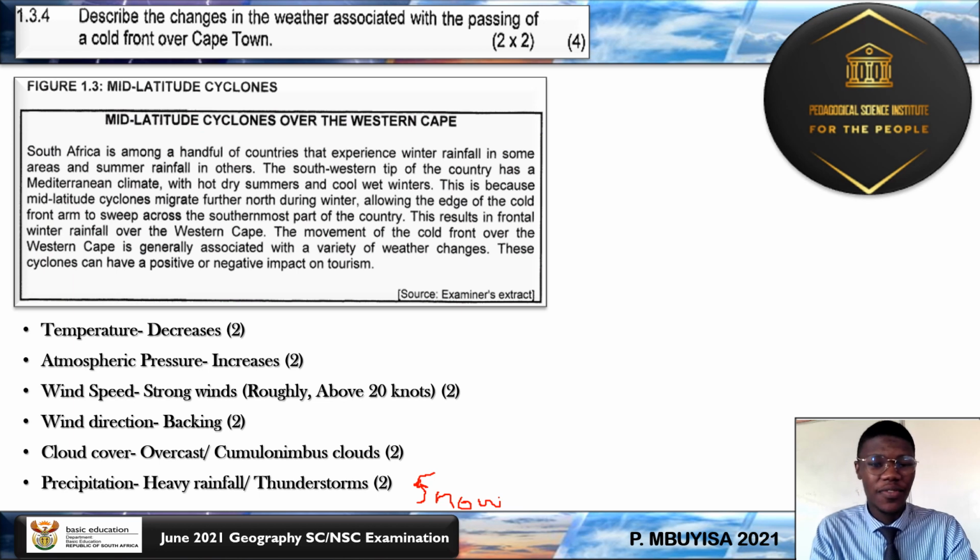It doesn't matter if they gave you an extract, a diagram or a multiple choice question, anything. Each time they ask you about the weather changes associated with the cold front, always list these. Temperature decreases, pressure increases, they are opposite to each other. Wind speed will have strong winds, and the wind direction will change as a result of this, and we call that backing in the southern hemisphere.